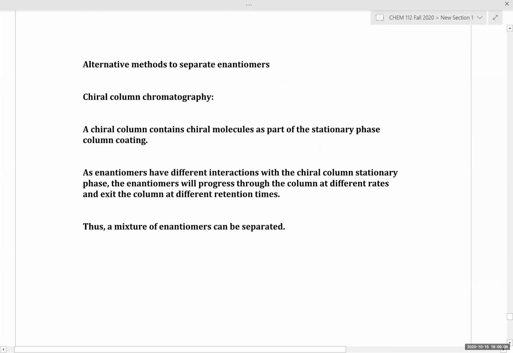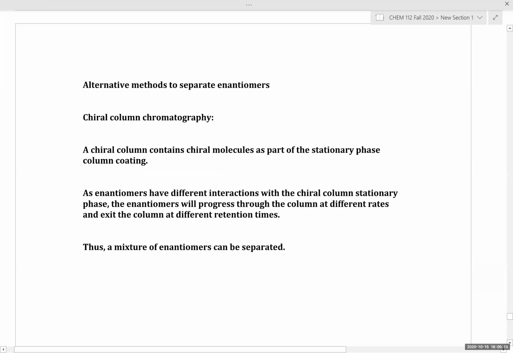Now, there are a few other methods to separate enantiomers. One method would be chiral column chromatography. This is primarily used for quantifying the amount of enantiomer in a mixture. It's not actually used very commonly as a preparative method. A chiral column contains chiral molecules as part of the stationary phase.